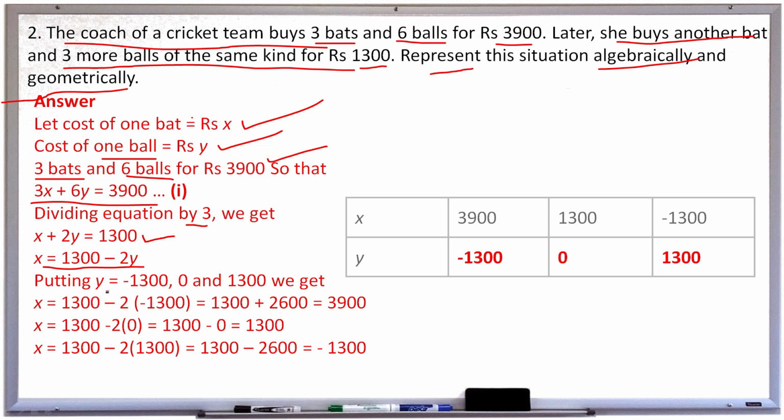So putting y is equal to minus 1,300, you get the x value 3,900. Just substitute the value, instead of y you put minus 1,300, you will get 3,900. The same way, put y is equal to 0, you get x is equal to 1,300, and put y is equal to 1,300, you get x value minus 1,300.